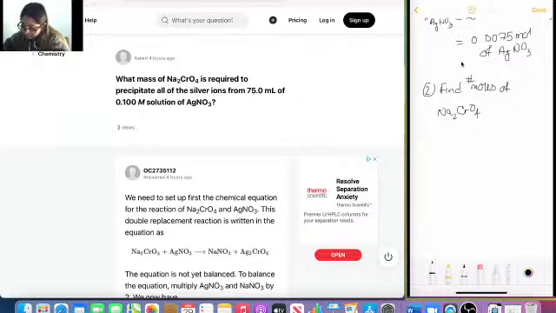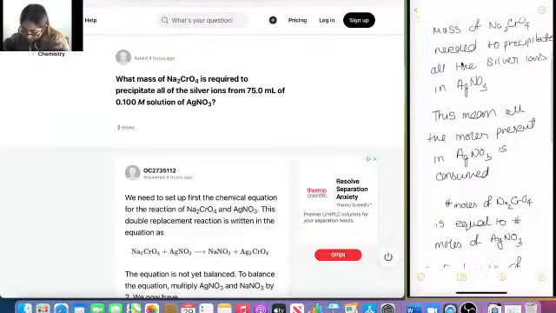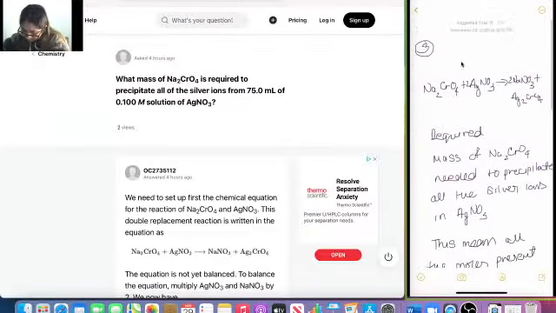Okay, and so basically the molar ratio, if you can see here, is 1 to 2, right? As you can see from our equation here.